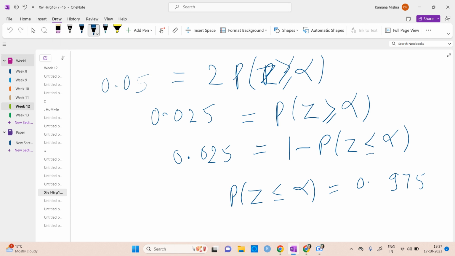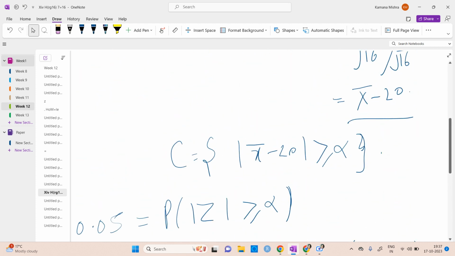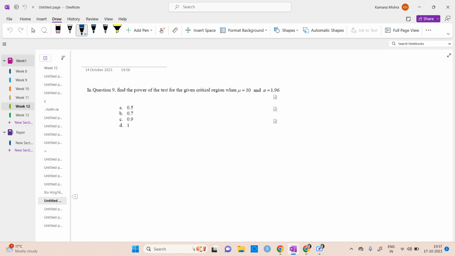Right? If you want to do the step by step part, you can do it like this. If you want to do that directly, you can do as I have told you earlier. Now you can see this is the z directly, right? But in the next question it would be more clear.